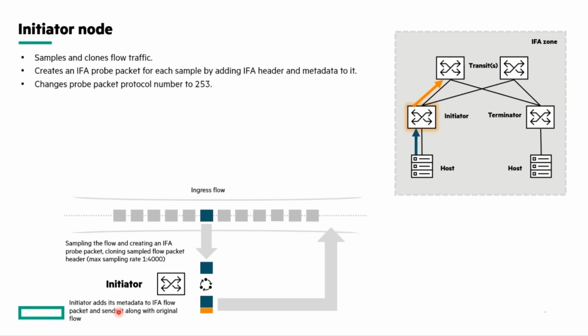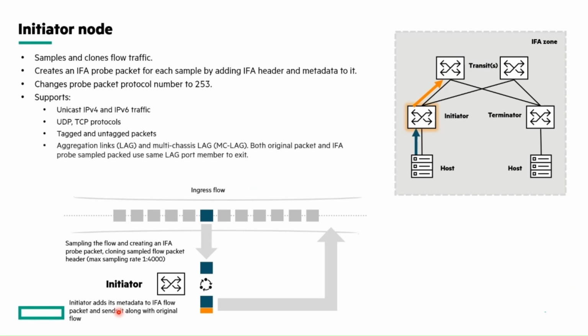It changes the probe packet protocol number to 253, and it supports unicast IPv4 and IPv6 traffic, UDP and TCP protocols, tagged and untagged packets, and aggregation links and multi-chassis LAGs. Both the original packet and the sampled IFA probe packet use the same LAG port member to exit.